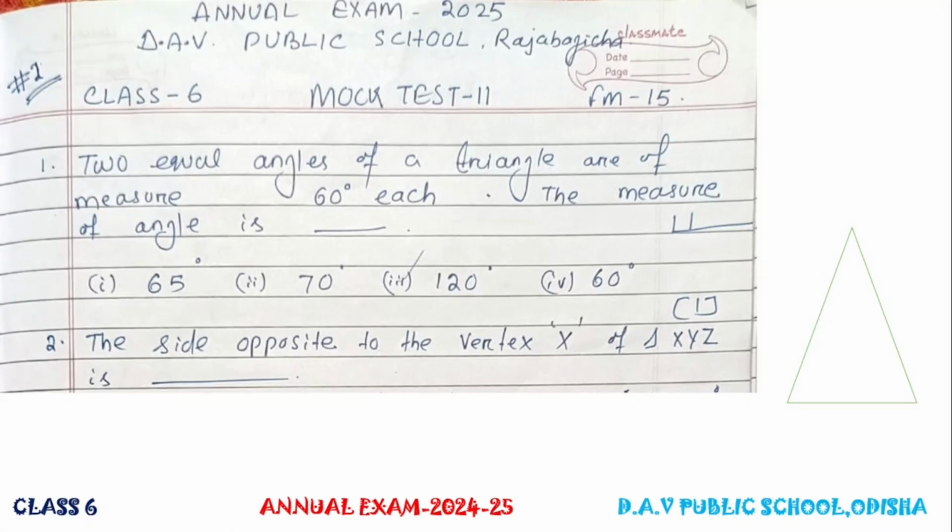Today we cover the chapter Triangle. So let's start. First question: two equal angles of a triangle are of measure 60 degrees, then find the third angle. Before solving these questions, first of all remember the sum of all the angles of a triangle must be equal to how much? 180 degrees.